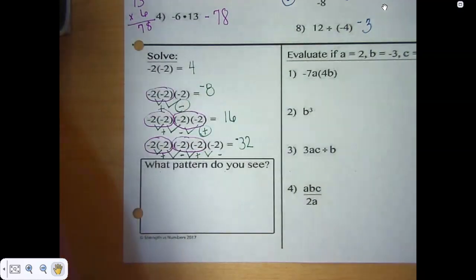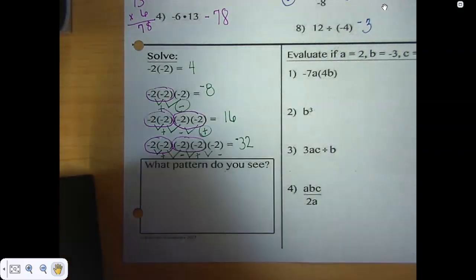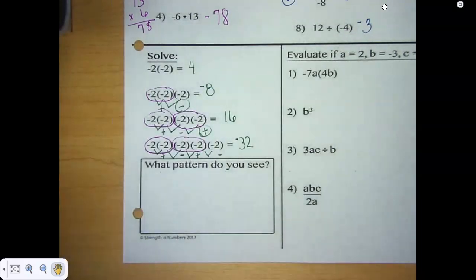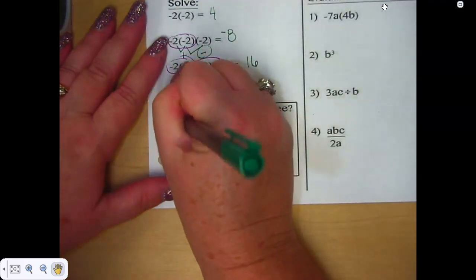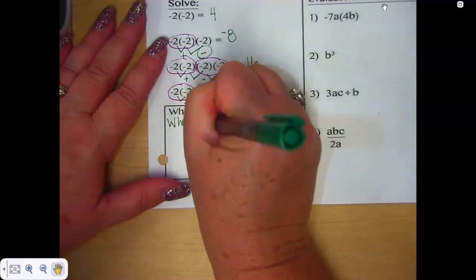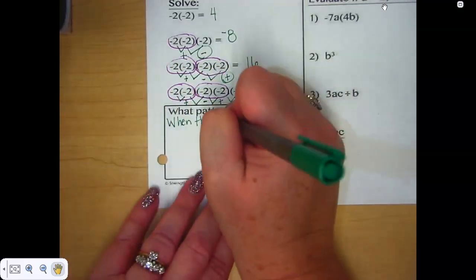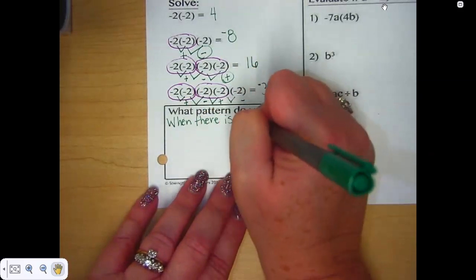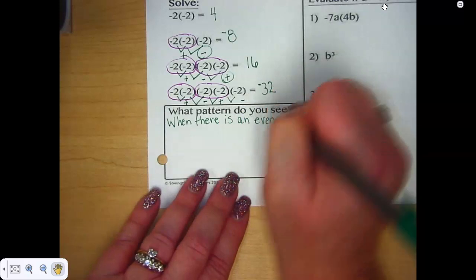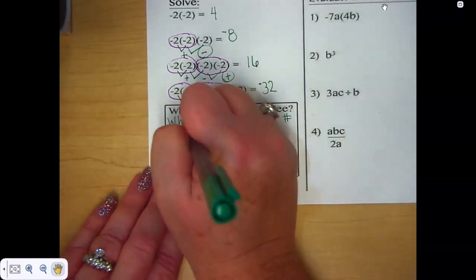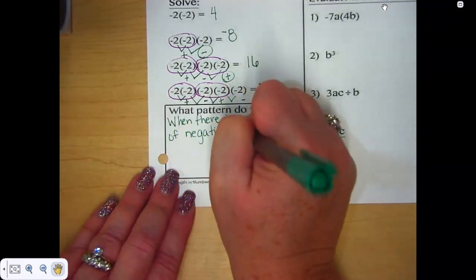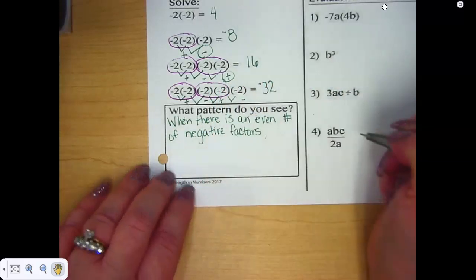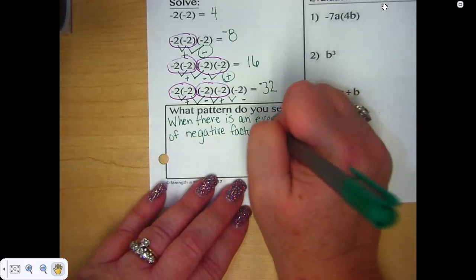So what we're going to write here, I'm not going to rewrite it. It was written. I guess I will. When there is an even number of negative factors, the product is positive.